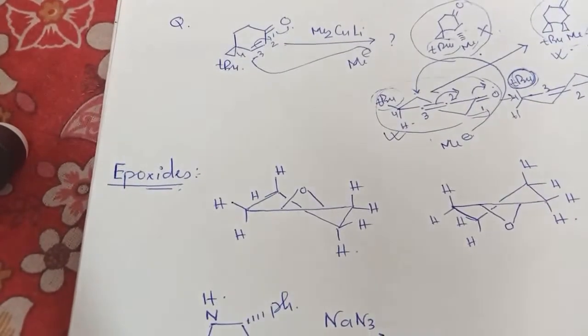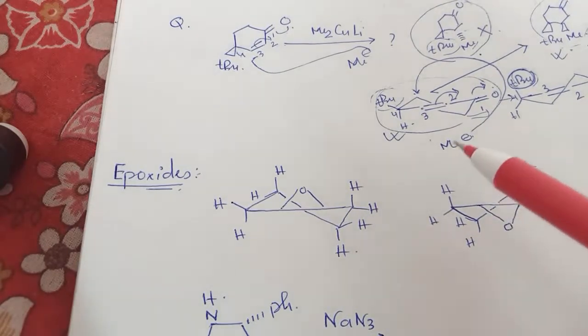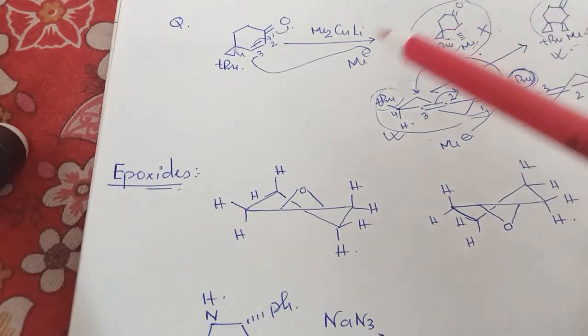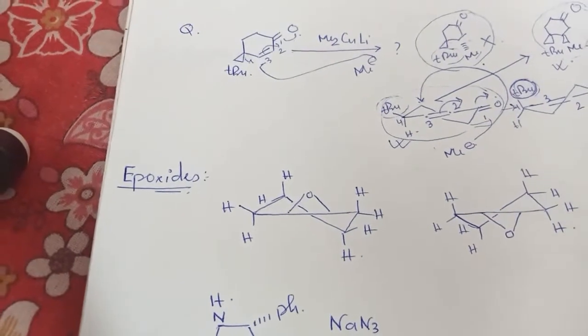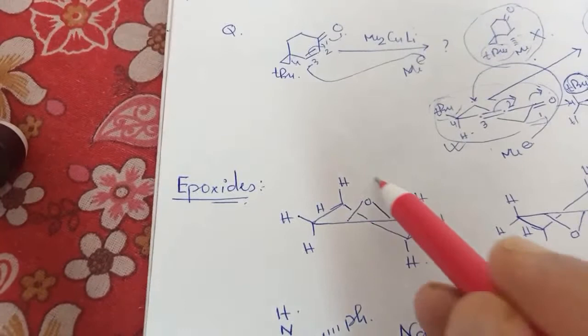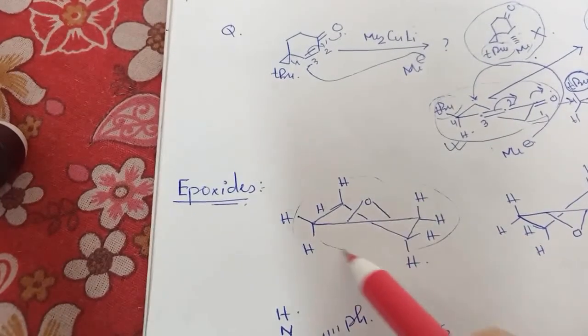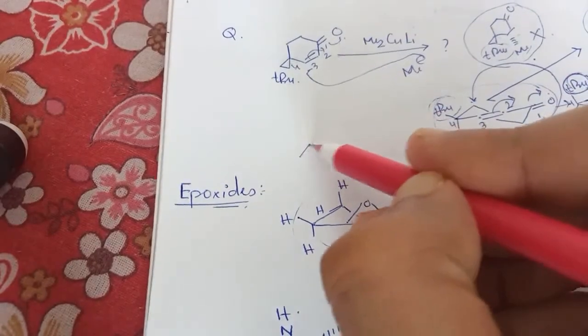Now coming to the behavior of the epoxide. The behavior of the epoxides when a nucleophile adds is almost similar to that of the cyclohexane. See, this is the structure of the epoxide when the epoxide is at the above position, like this.